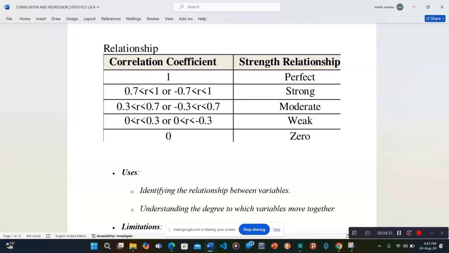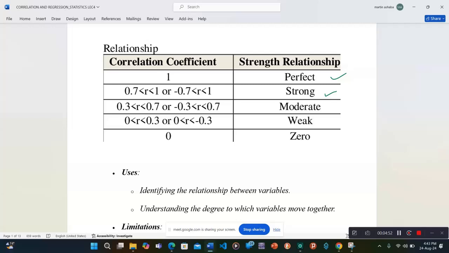When it is 0.7 to 1 or -0.7 to -1, then we are saying there is a strong relationship between the variables. If it is 1, of course, there is a perfect relationship.